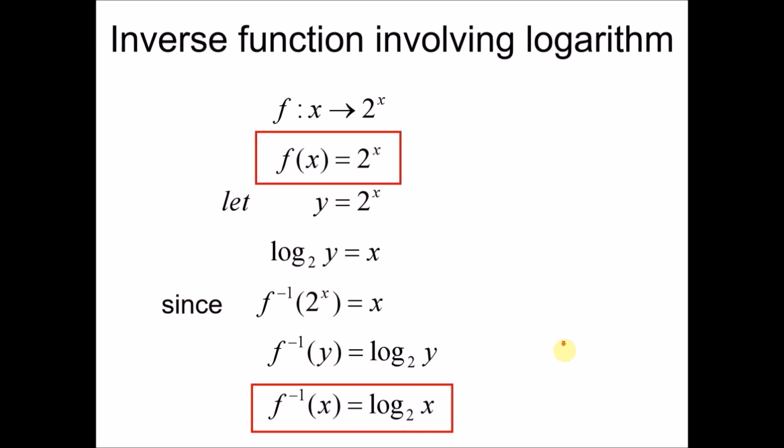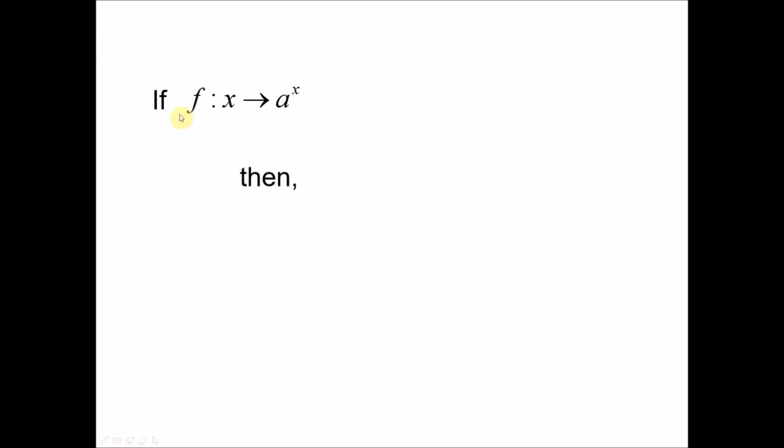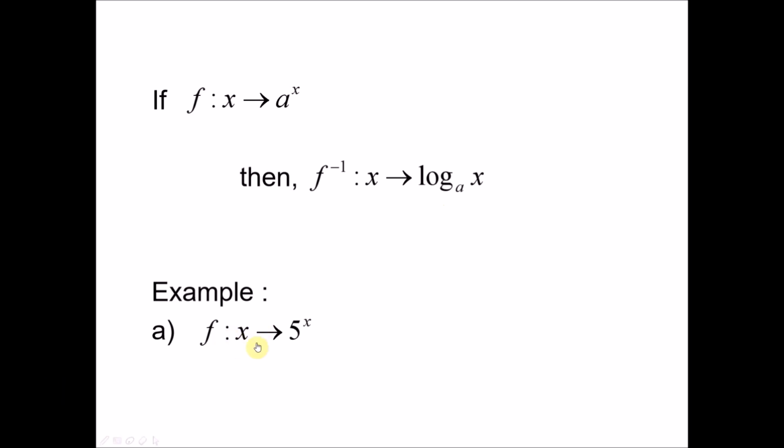The conclusion from here is, if you are given the function f which maps x to a to the power of x, then the f inverse will be log base a of x. For example, if you are given a function 5 to the power of x, then the f inverse will be log base 5 of x.